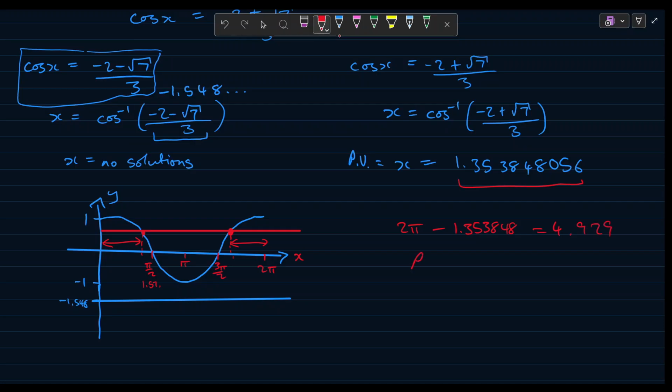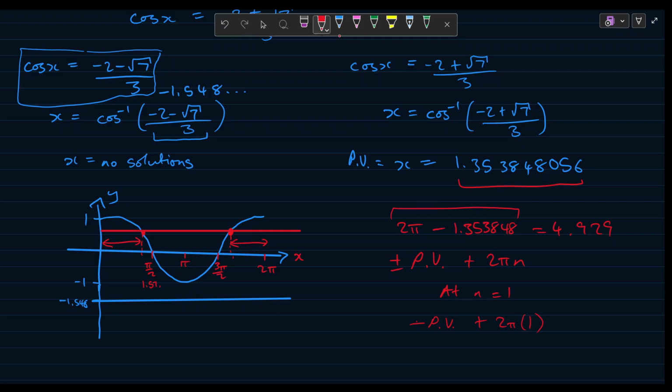Alternatively, you can use the formula PV plus, this is in radians, so 2 pi n, plus or minus. And in this case, you'd evaluate at n is equal to 1. That's where your solution is. And say minus PV is the one with the solution plus 2 pi times 1. Because that's essentially just 2 pi minus PV, which is exactly what we have here.